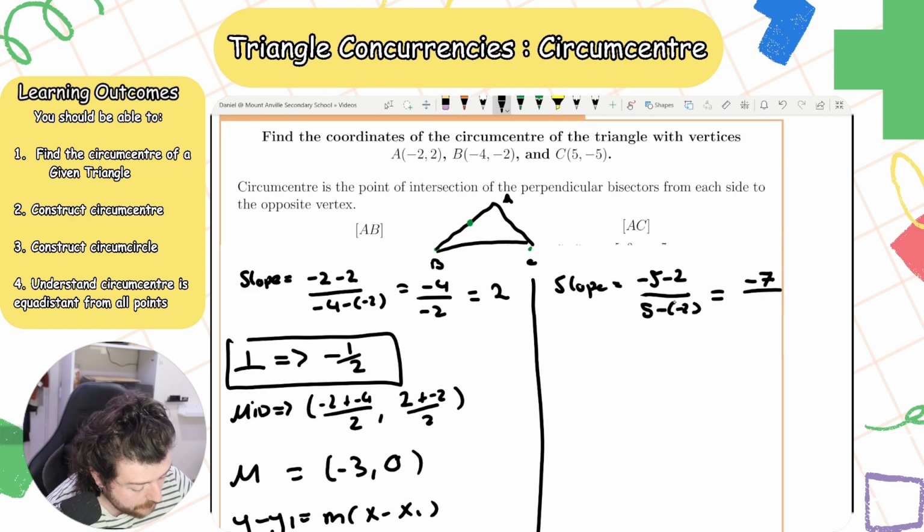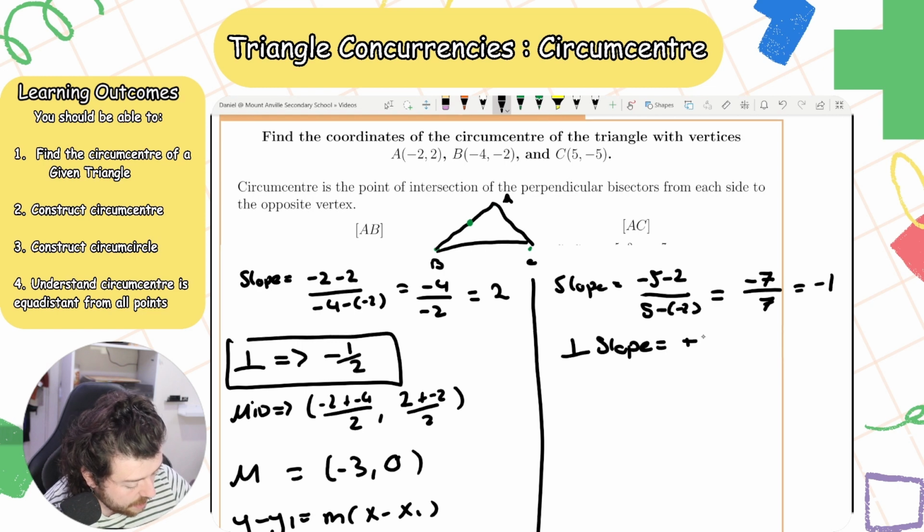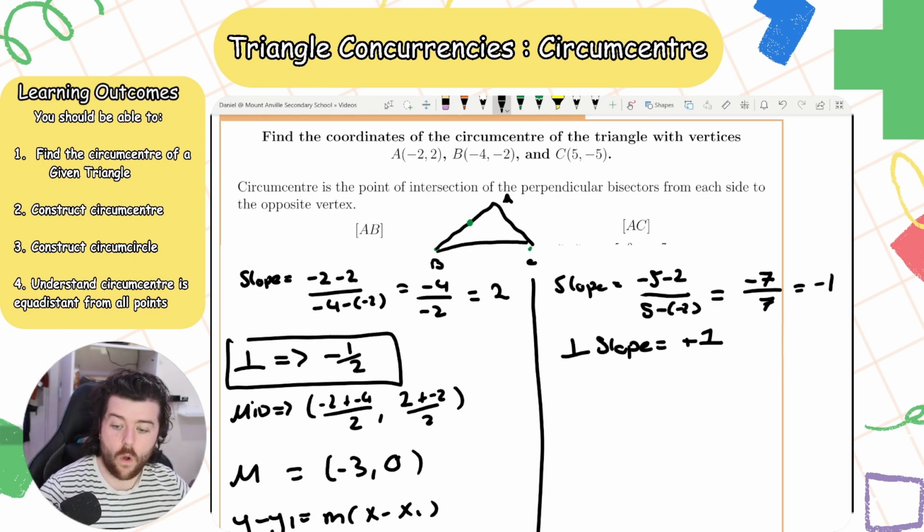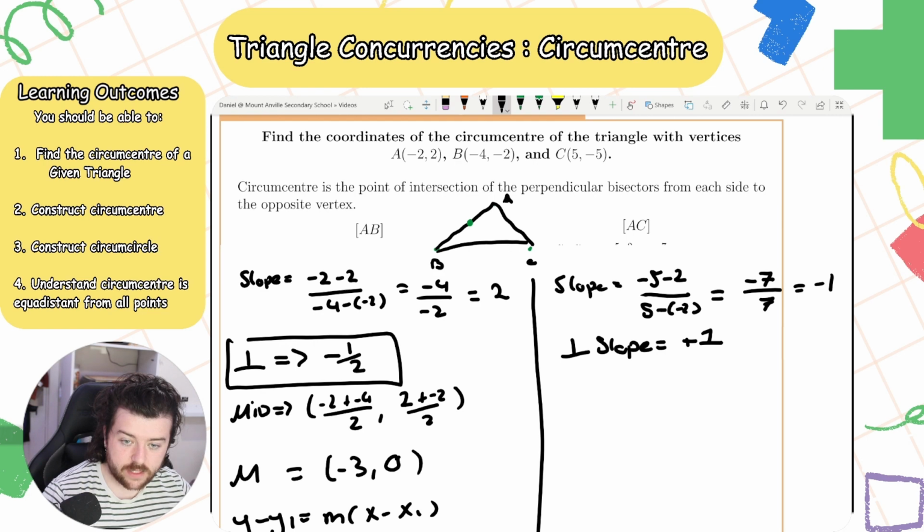Then 5 minus negative 2, which is 5 plus 2, which is 7. So my slope here is -1. So my perpendicular slope is going to be positive 1.